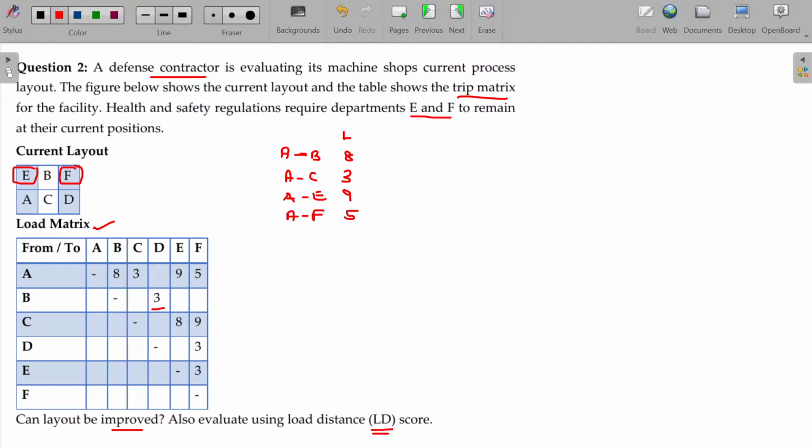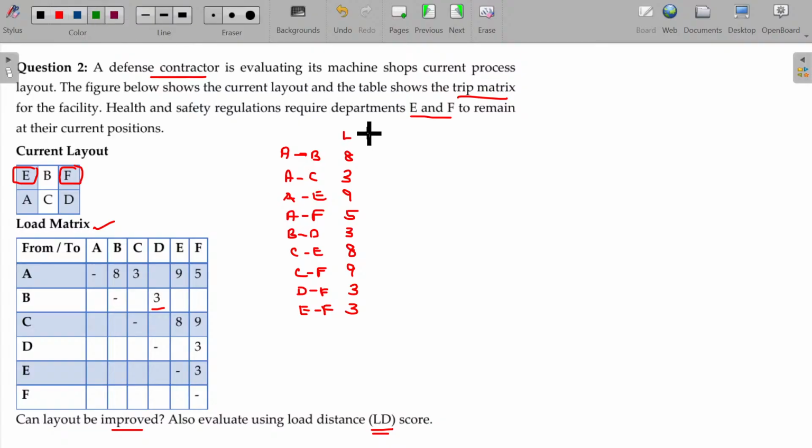And similarly B to D, 3. C to E, 8. And C to F, 9. D to F, 3. And E to F, 3.